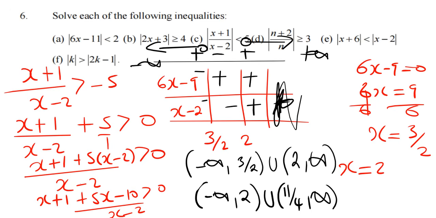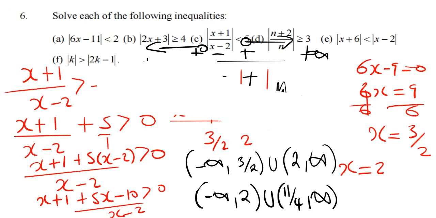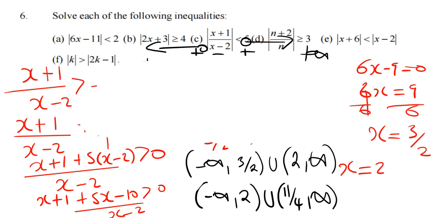However, if you're going to look at these regions, which one embeds the other one? That's the question you are going to ask yourself. Which one embeds the other one? So of course all of them are starting from negative infinity, and we are ending all the way to positive infinity.